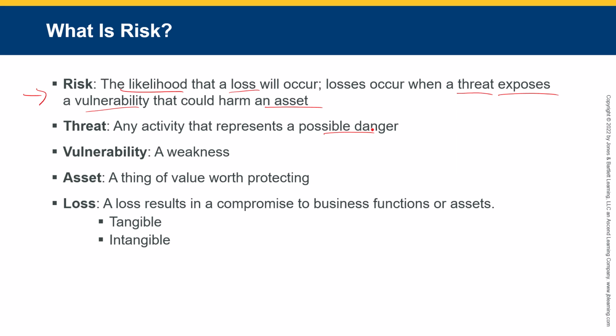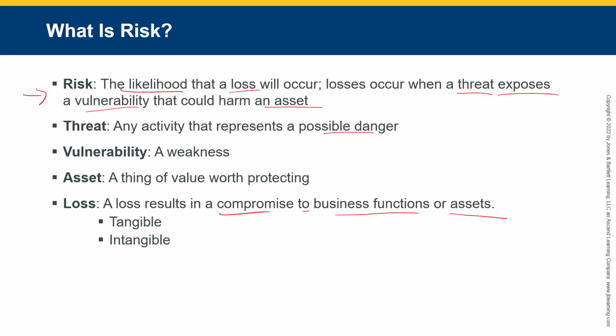An asset could also be an intangible item, something that you can't touch, like branding. Though normally we are looking at assets as a physical item, they don't always have to be. Last is loss, and loss results in a compromise to business functions or assets. And those are, again, both tangible and intangible. So these are the key terms that are going to make up how we operate in this chapter.